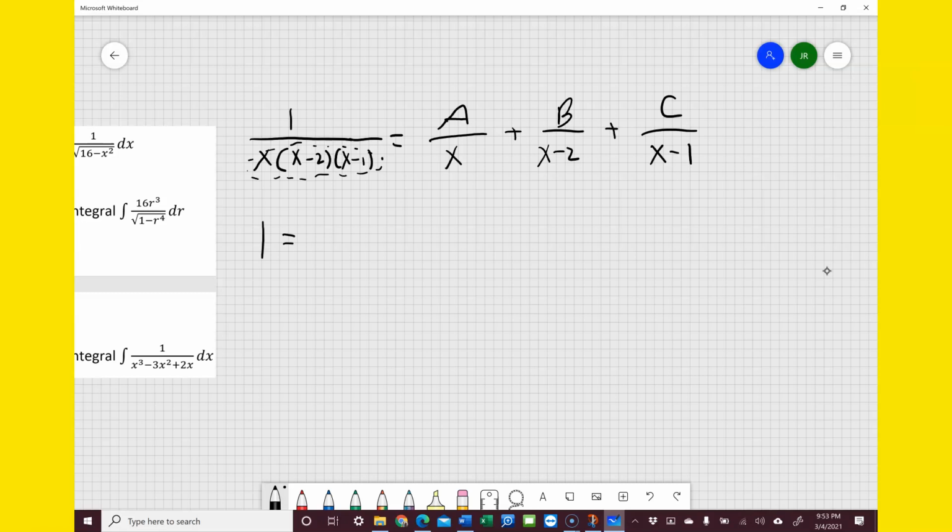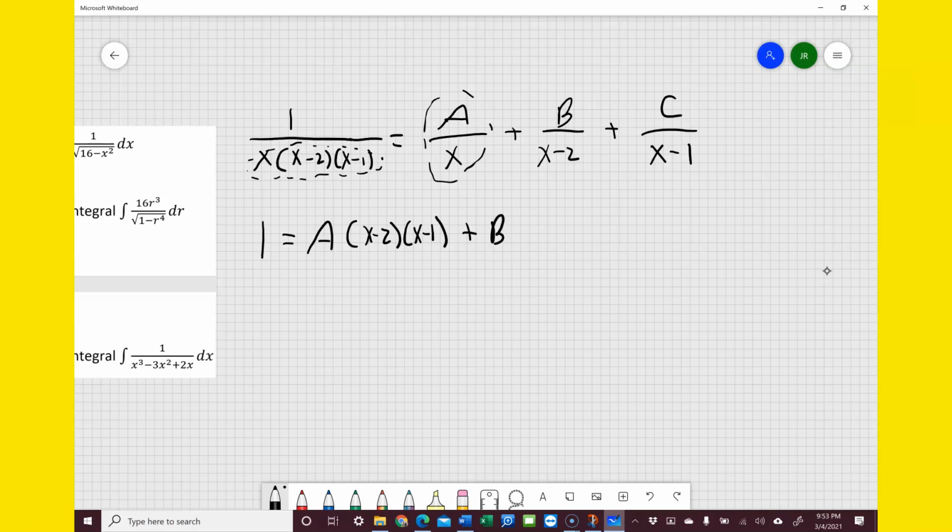And then this term is going to get multiplied by that whole denominator. The x is going to cancel that x, but the x minus 2 and the x minus 1 will not cancel. So you now have A times x minus 2 times x minus 1, plus with B, the x minus 2 will cancel, but you'll be left with the x and the x minus 1.